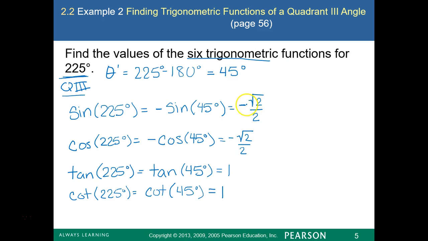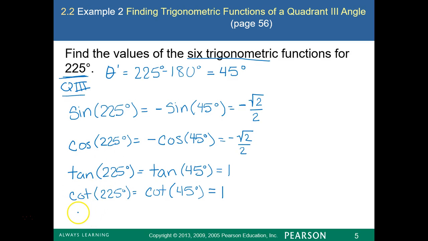Now, this solution and this solution for sine and cosine have been rationalized. If you remember, this is the same thing as saying 1 over the square root of 2. So for finding the secant and cosecant values, just flip 1 over the square root of 2, and that becomes square root of 2.